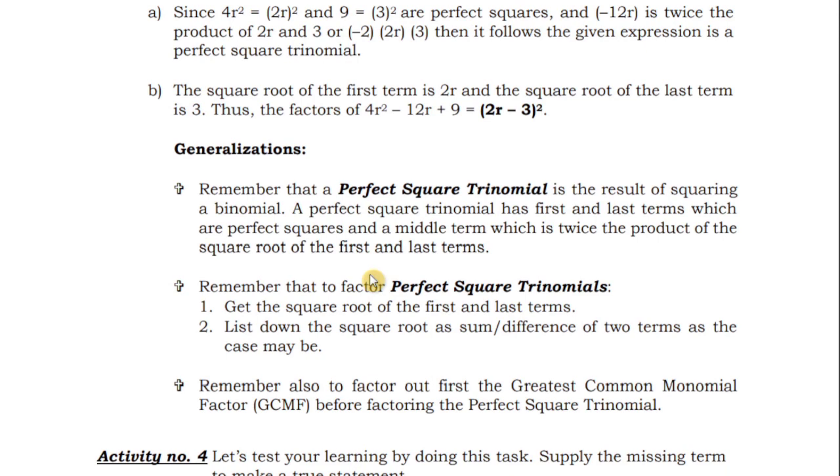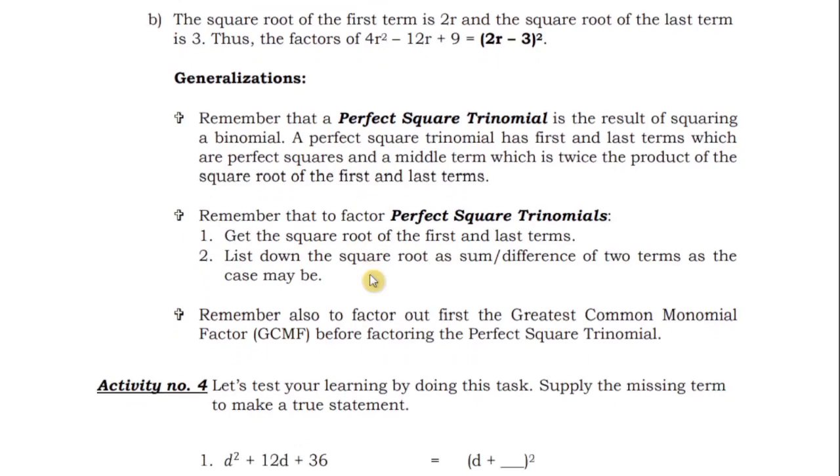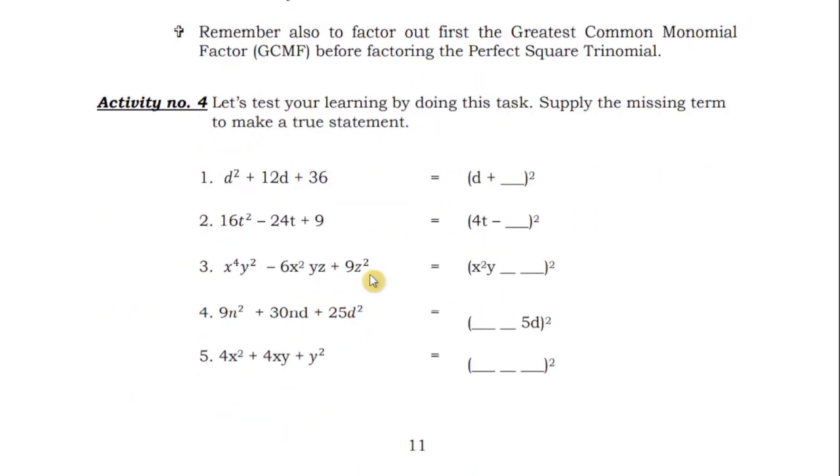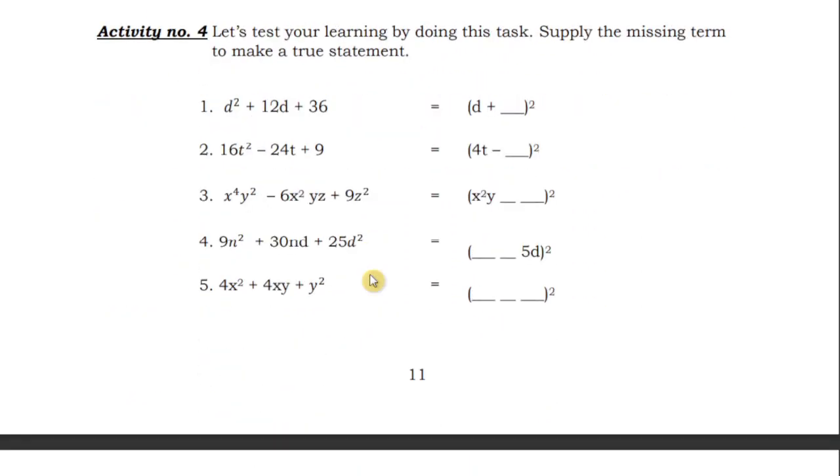So the generalization of this we have here. Remember that a perfect square trinomial is the result of the square of a binomial, as I showed previously. Now what would be the result here? Let's check. Everything must be checked, because how are we able to claim that one would be the result if we don't know it yet?